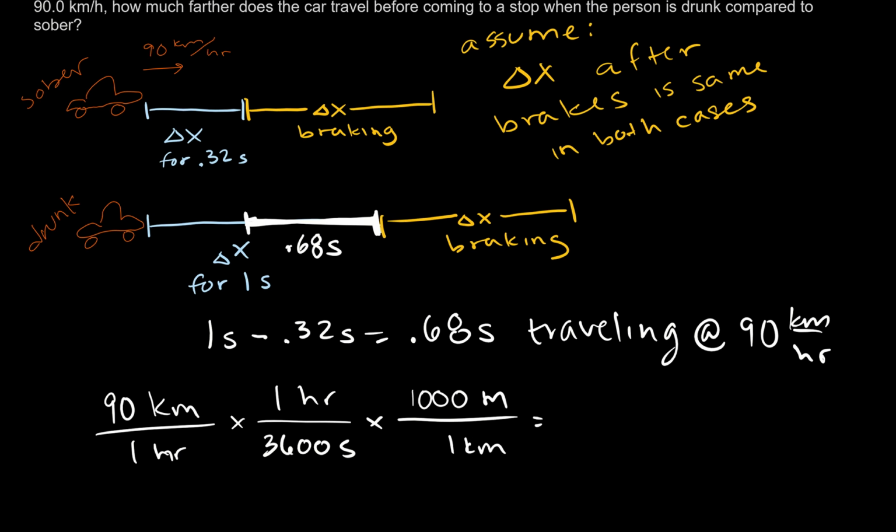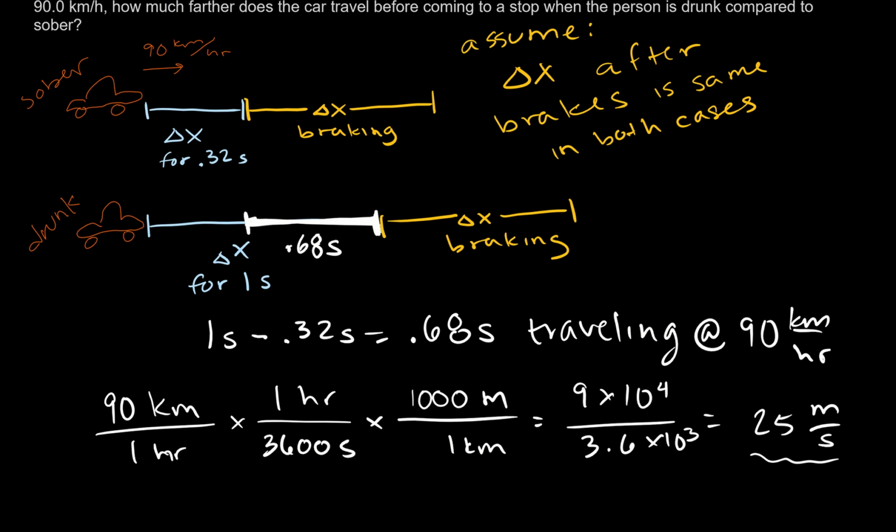Multiplying the top and the bottom out, we get 9 times 10 to the 4 over 3.6 times 10 to the 3, and we end up with 25 meters per second, which is equivalent to 90 kilometers per hour.